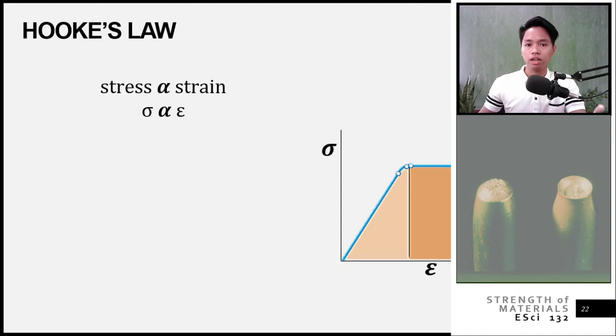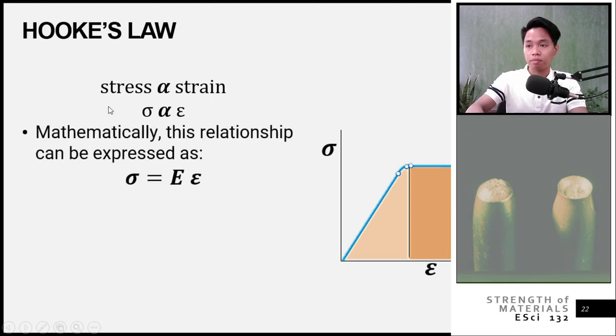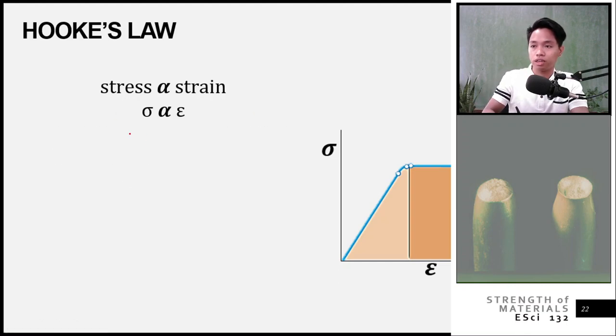If we recall algebra, it is a linear variation. Whenever you have a proportionality and you convert it to an equal sign, you just attach a constant. So stress would be equal to a constant multiplied by our strain.